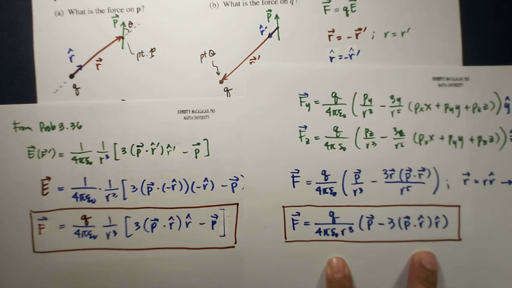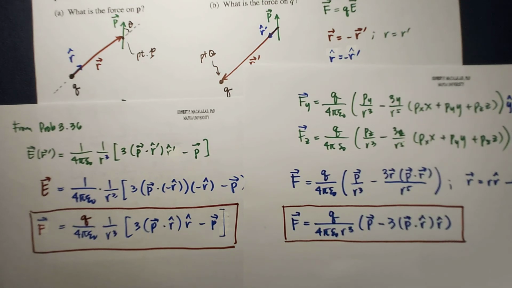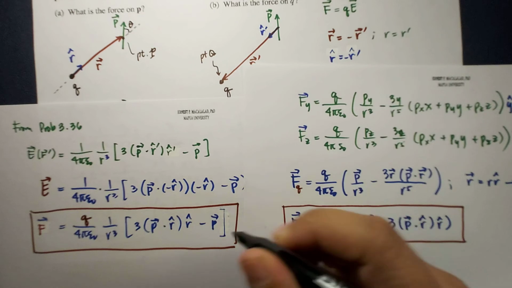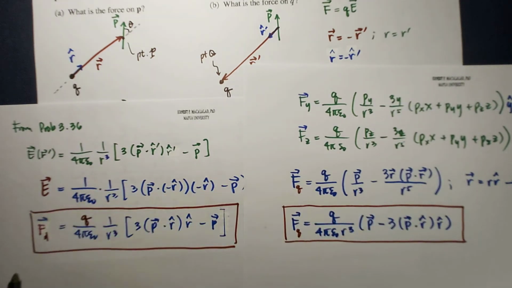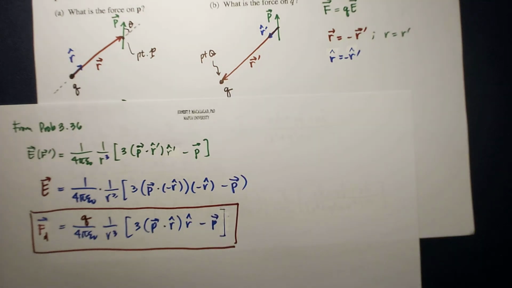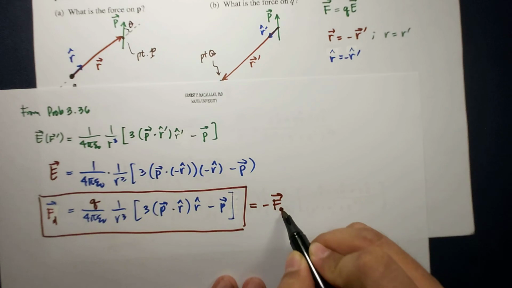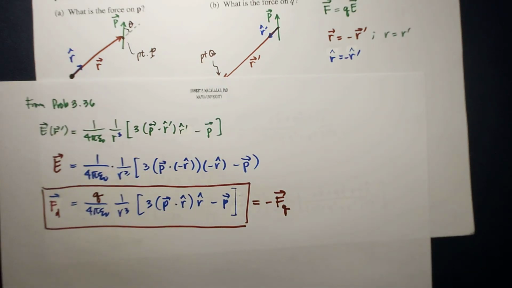You see? Okay, so if we're going to call this FQ, let's call this FD, the force due to your dipole. So in other words, this is negative FQ.